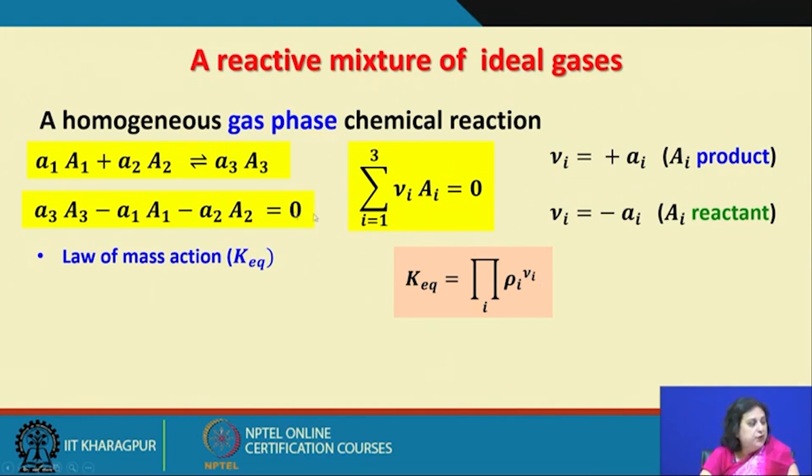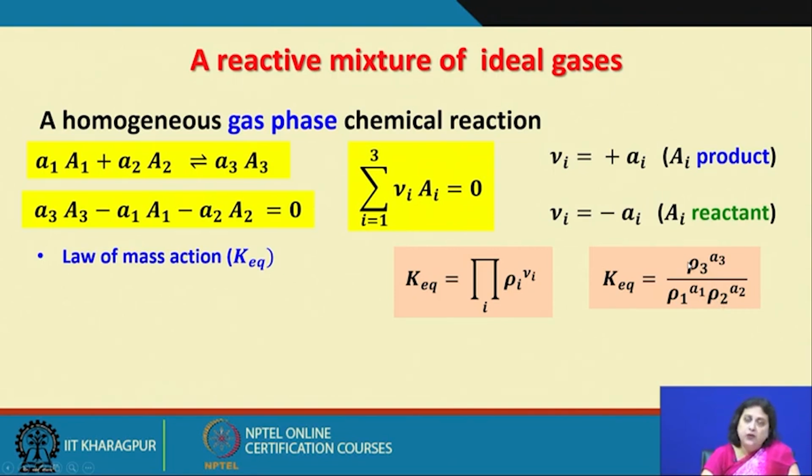And therefore, for this particular chemical reaction, this is going to be rho 3, which is the product, raised to the power of a3, because for the product nu 3 is equal to plus a3, but for the reactants nu 1 is going to be minus a1, and therefore, it comes to the denominator when I take away the sign.